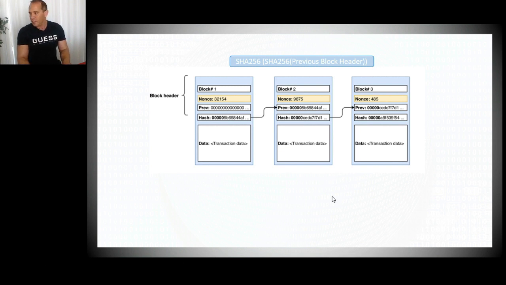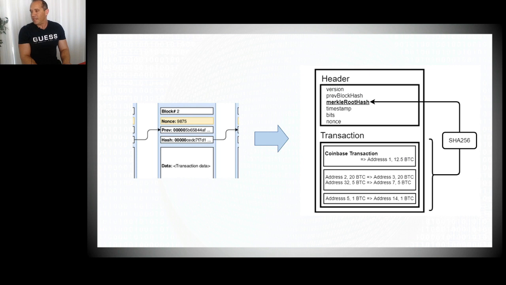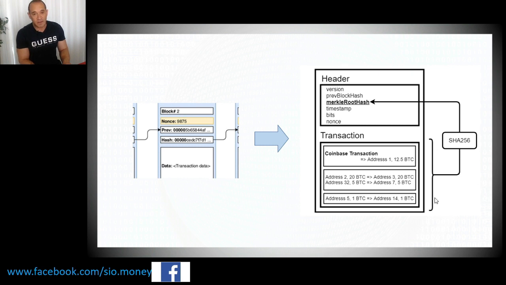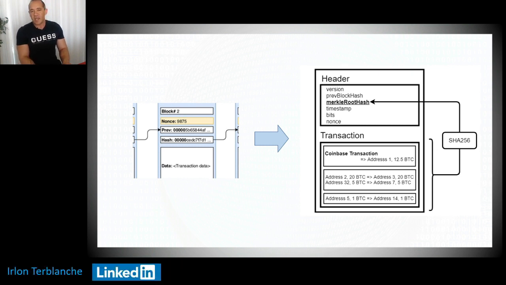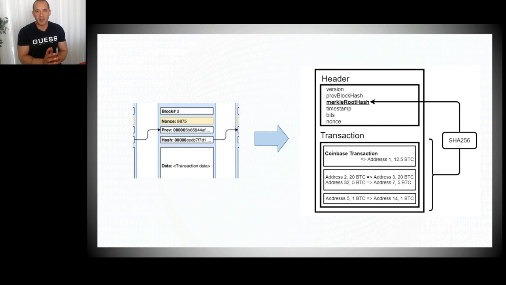Let's just go there quickly. When you drill down into a little more detail, you will see that one of the fields in the header is a hash of all of the transactions in that particular block. And the main takeaway here is that you cannot alter the contents of any block without also having to modify all of the subsequent blocks' data.